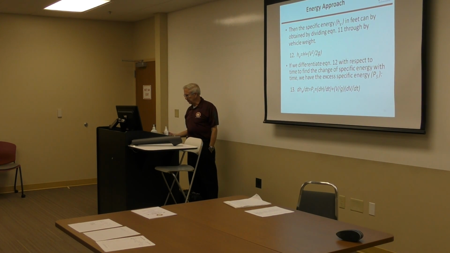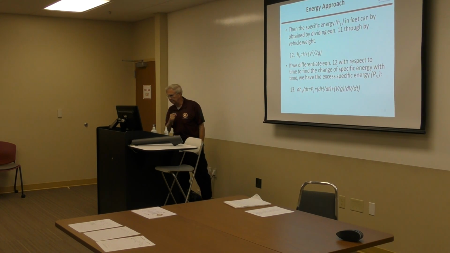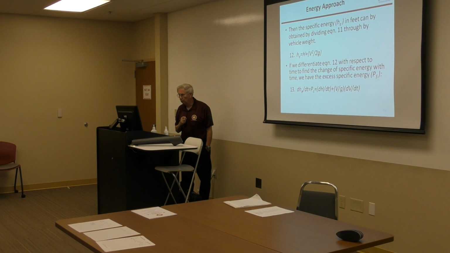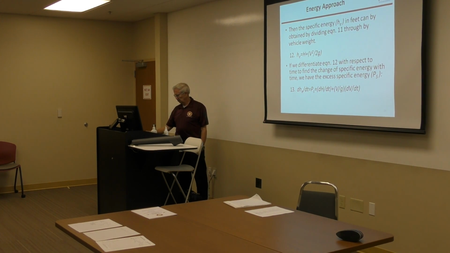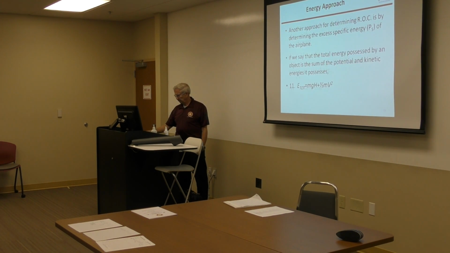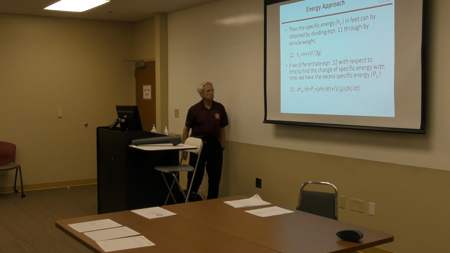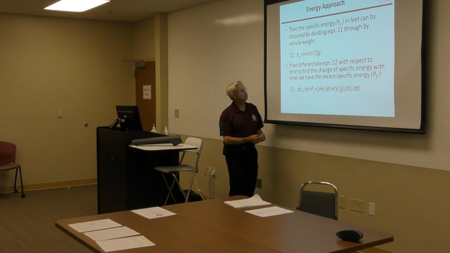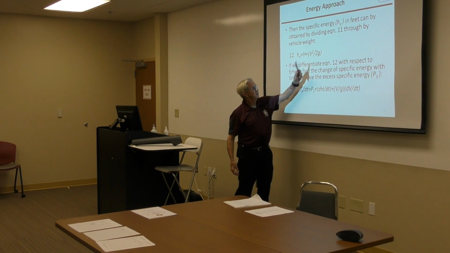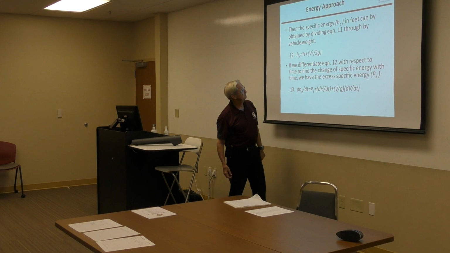Then the specific energy, h sub e as it's called, in feet, and the units are in feet, can be obtained by dividing that previous equation through by the weight of the vehicle. So if we divide through by the weight, we get this. So the specific energy is equal to the height plus v squared over 2g.